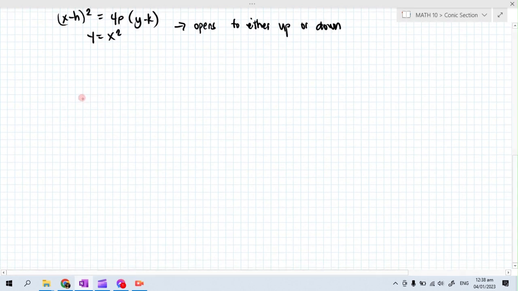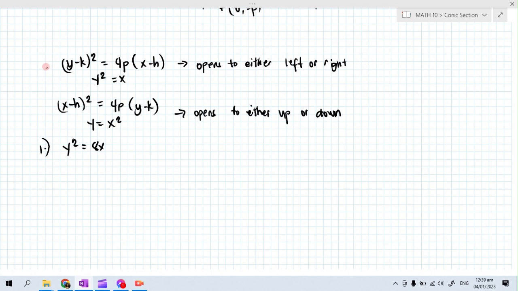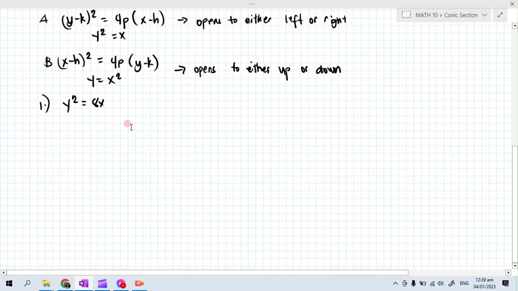Now, let's have an example. Number one, let's start first with y squared equals 8x. Let's call these equation A and equation B. Immediately, it is recognizable that this is equation A, thus we can expect that the parabola opens either to the left or to the right.